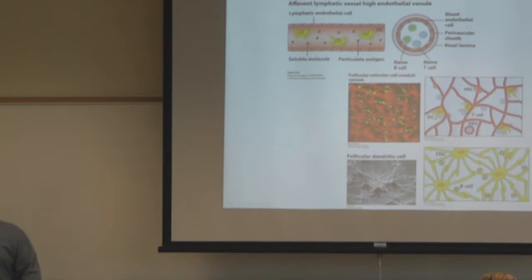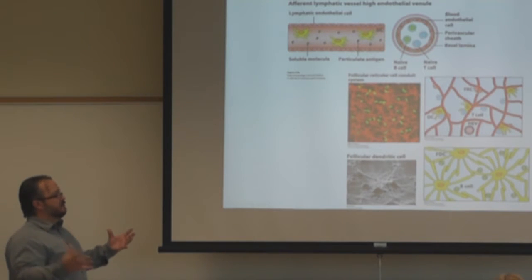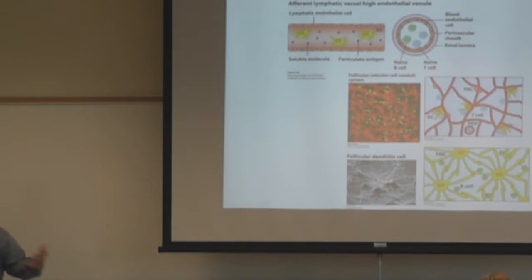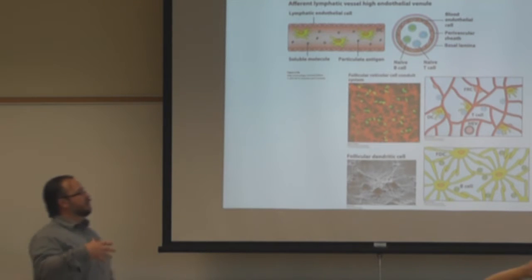And then they're going to get into that paracortex, and there is this conduit system. FRC is the follicular reticular cell conduit system. These are cells that basically form this maze, you might say, or conduits, where dendritic cells are going to latch on and surround them, and the dendritic cells are our antigen-presenting cells, and they're going to present antigen.